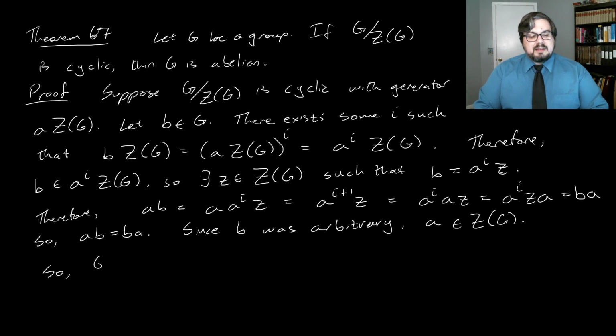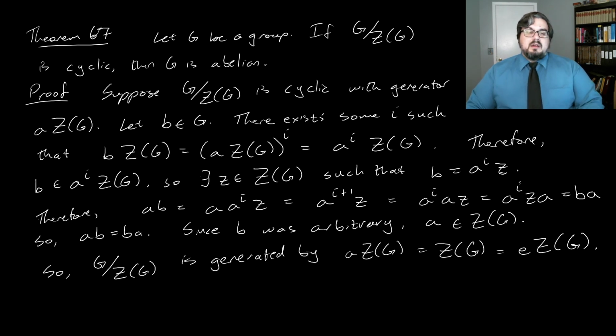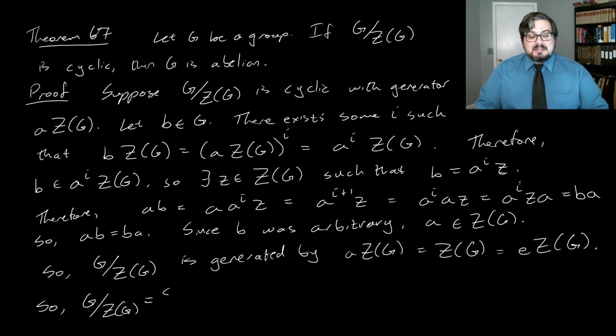So that means that G mod Z(G) is generated by a times Z(G), which is just Z(G) itself, or in other words, it's the identity. So a cyclic group generated by the identity element has a single element in it.